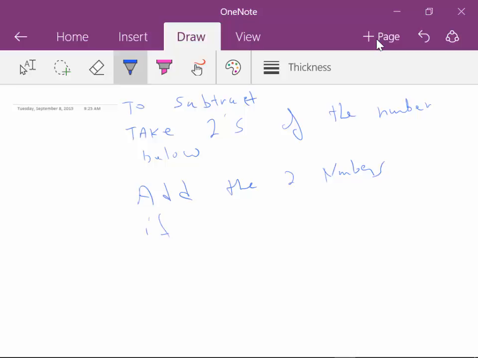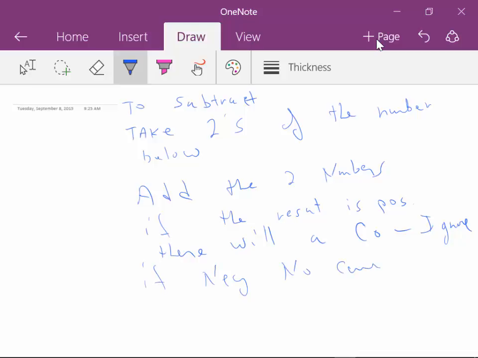If the result is positive, there will be a carry out that you ignore. If negative, no carry out, and a 1 for the sign bit. That's it. That's how we handle negative numbers when we add and subtract.